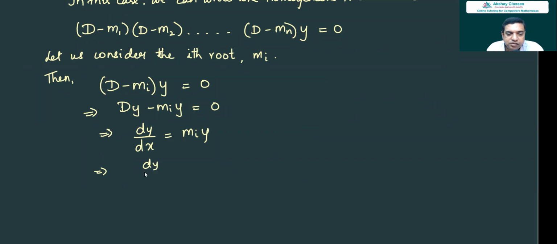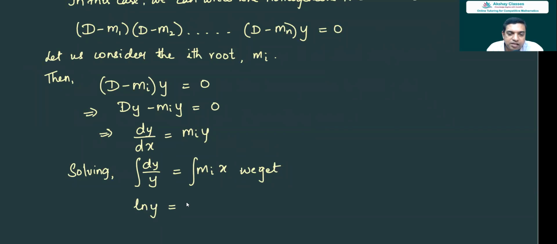So the solution, solving the differential equation, we get log y = mi x + log ci.